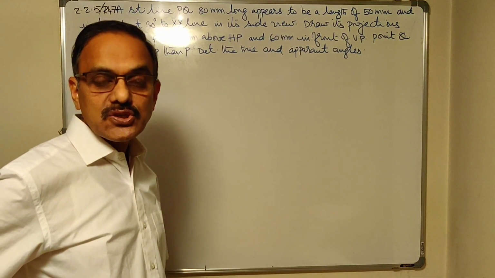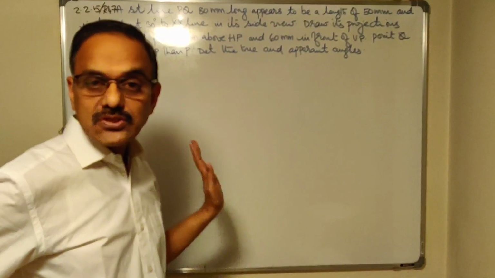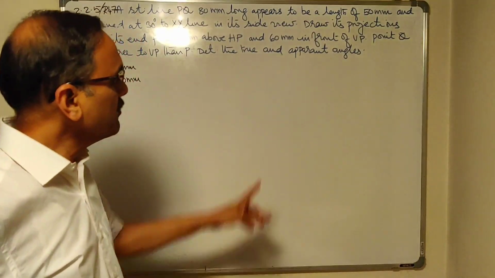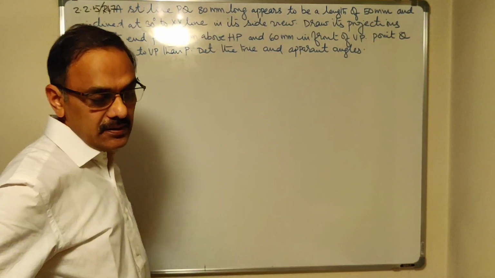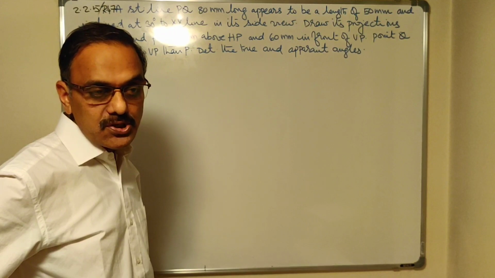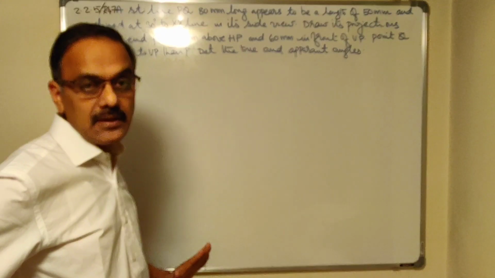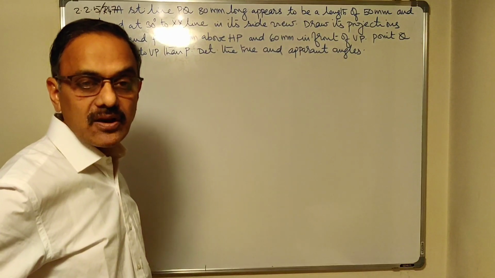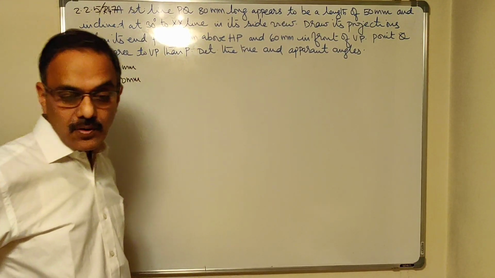So you are given the position of the end P, but the position of the end Q is not given. The only information that is given is point Q is nearer to VP than P. So in the top view, when you draw the projections of P and Q, Q should be nearer to XY than P. Only that much is given.